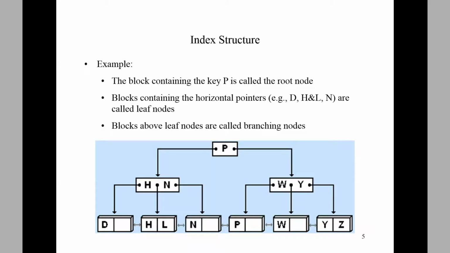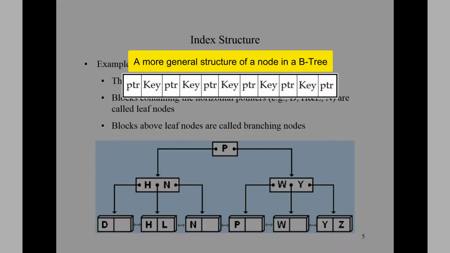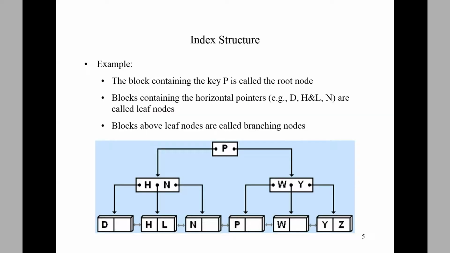So the branching node with keys H and N contain 3 pointers. Again, this is a very simplified illustration. Remember that if our block size was actually 8K, we would have many more keys, many more pointers. But the block that contains H and N, that branching node, has 3 pointers.